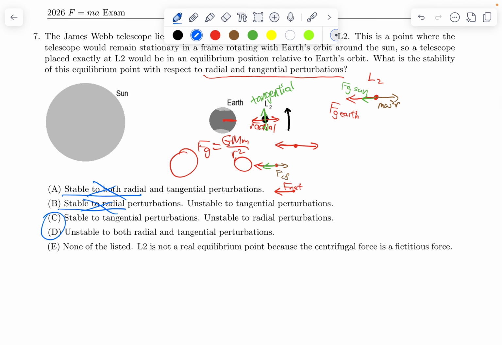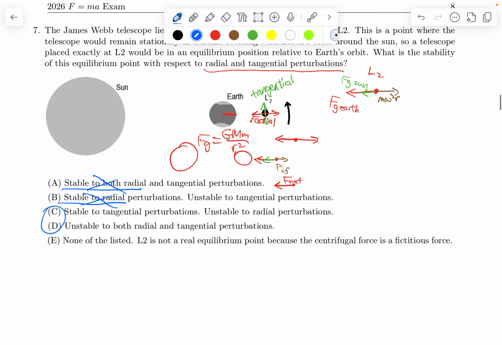So the fact is true, but the reasoning isn't right. It's not just because it is a fictitious force that it is not a real equilibrium point, because we're in the rotating frame of the satellite, so there is an effective fictitious force. So now we know that it's not A, B, or E.